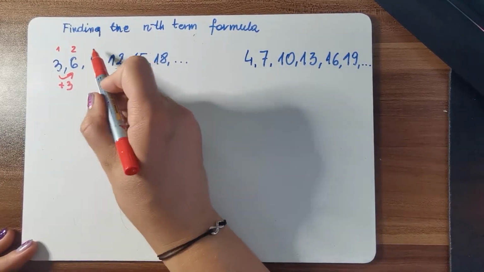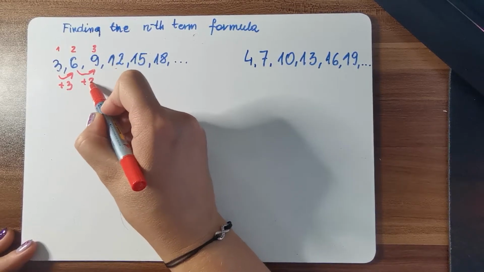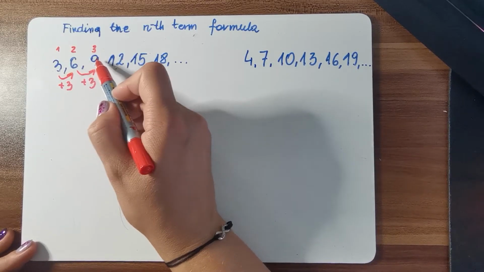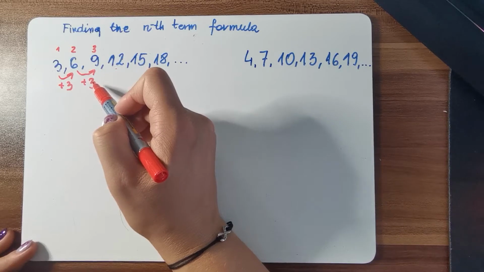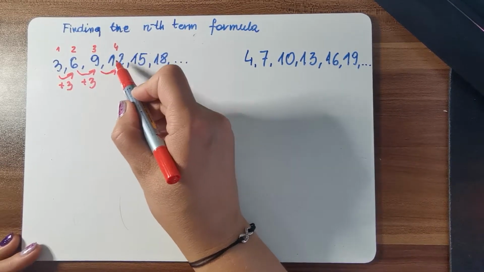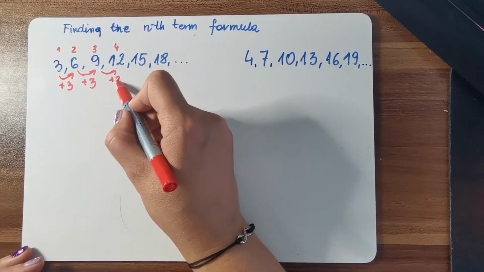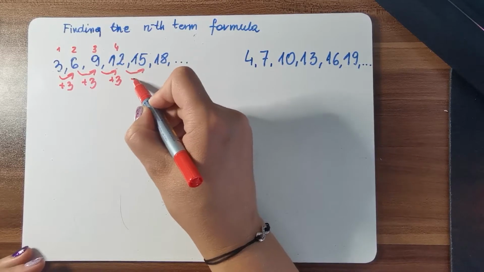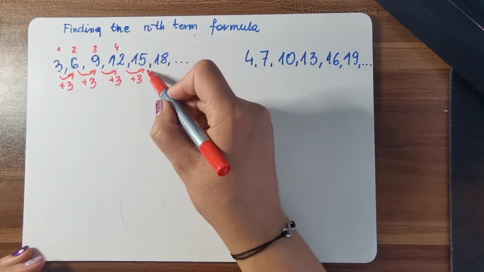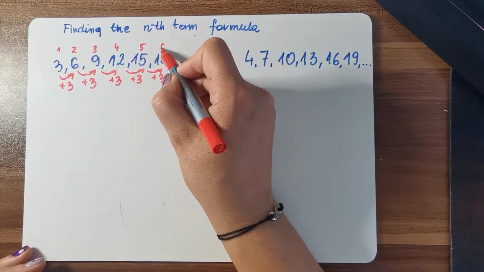To get the term on the third position, I also need to add 3. So the difference between the second and third position is also plus 3. On the fourth position, we have 12, so I've also added 3. So this is our linear sequence, which means that the common difference is always the same.